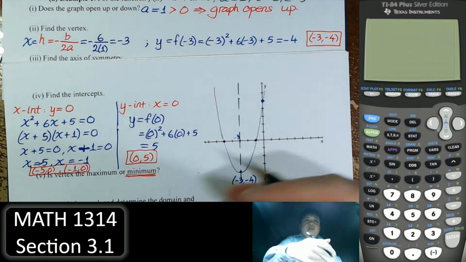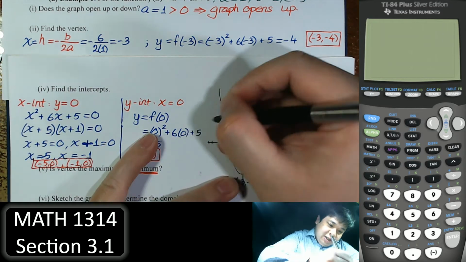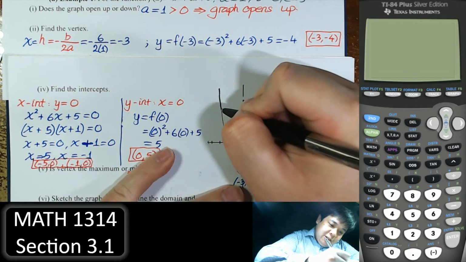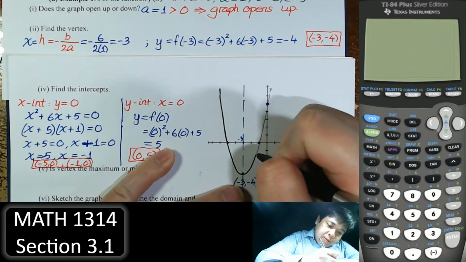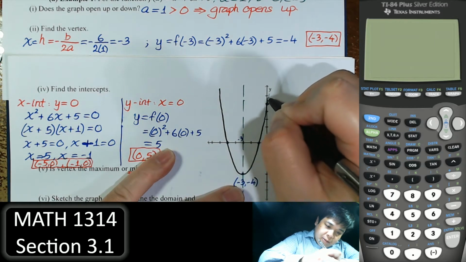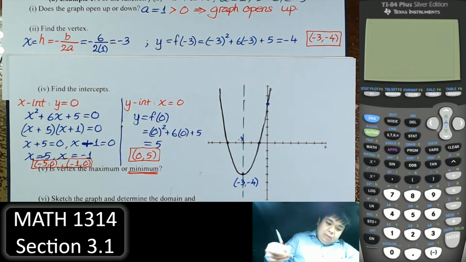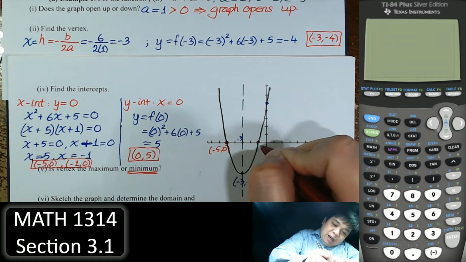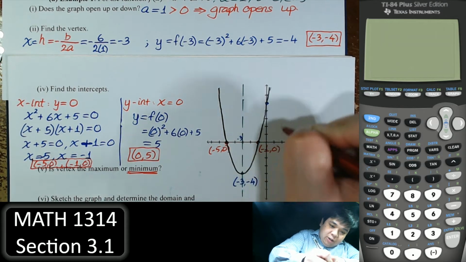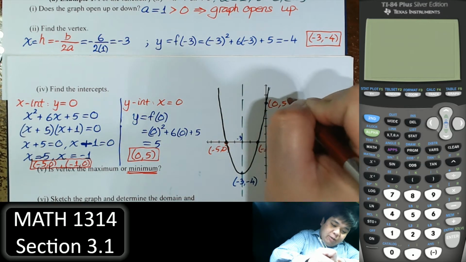Yeah, so that is the graph. And we do have the x-intercepts negative 5, 0 and negative 1, 0, and the y-intercept 0 and 5.